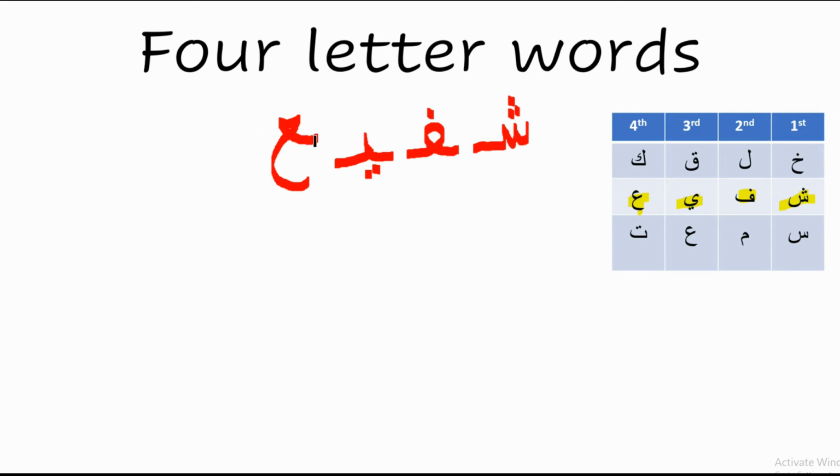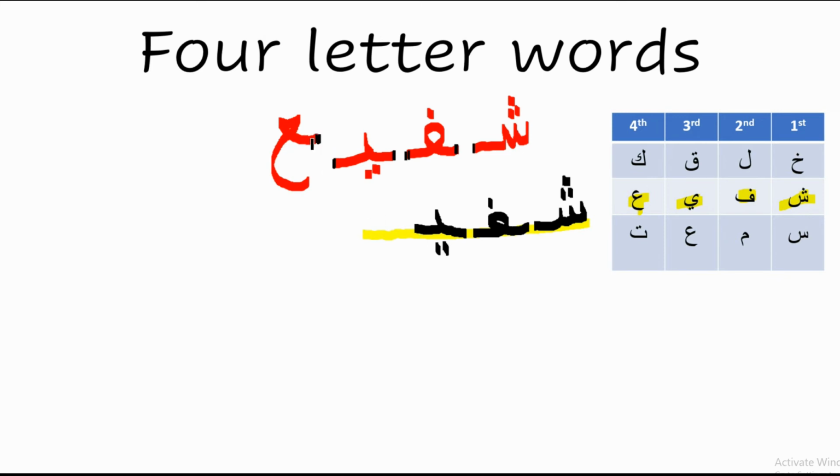Now these are the joining points. This is the joining point of ain, this is the joining point of ya, and these are the joining points of fa. This is the joining point of sheen. We need to make sure all of them are on the same line. Let me draw a line, and then we will try to bring all of them onto one line. Let's say this is a line. So sheen, fa, see these two are on one line, then ya, then ain.